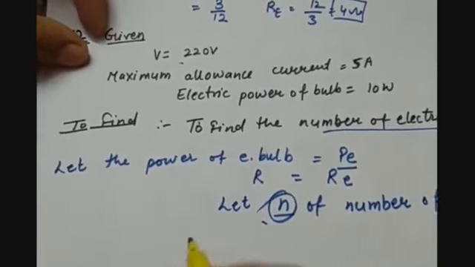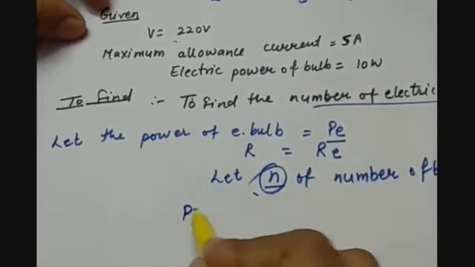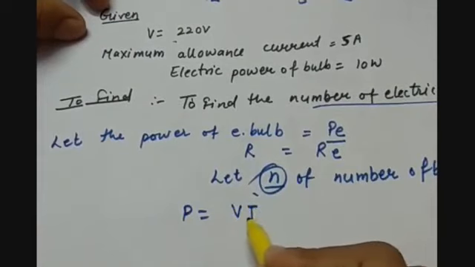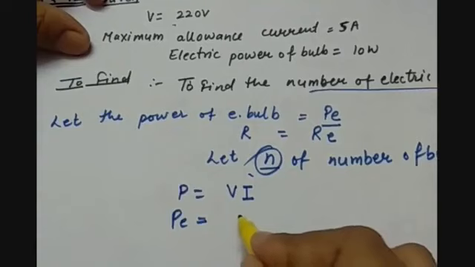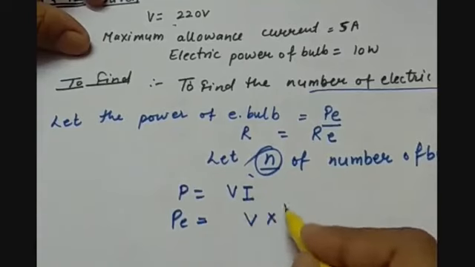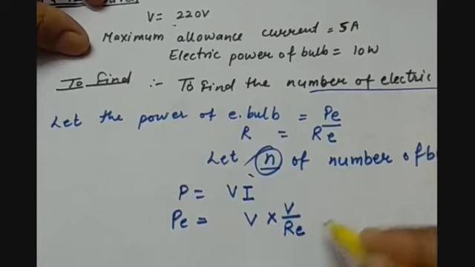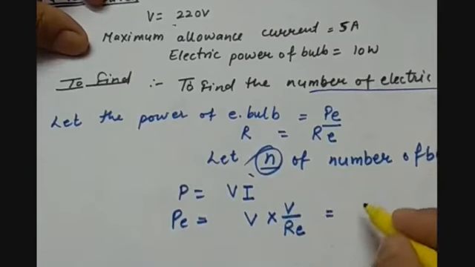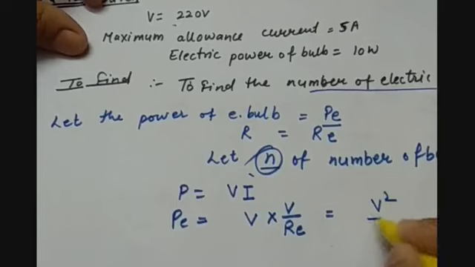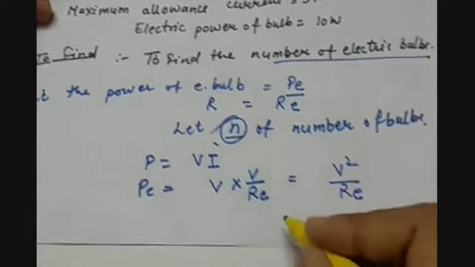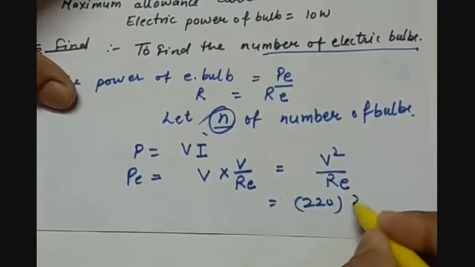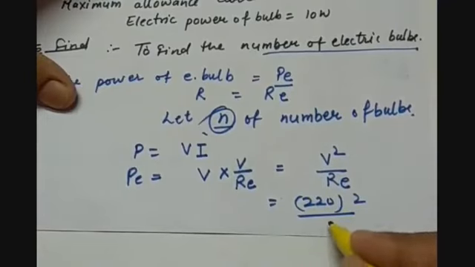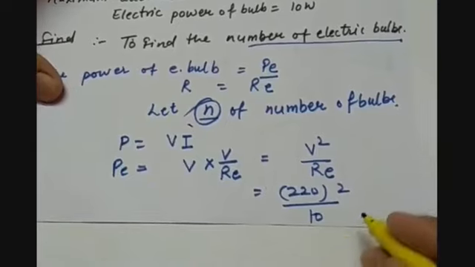So electric power P, we know it is given as V into I. So PE will be calculated as V into I, which is V by RE. So we have V square by RE. So this comes out to be 220 square upon RE, that is 10, which is given in the question.